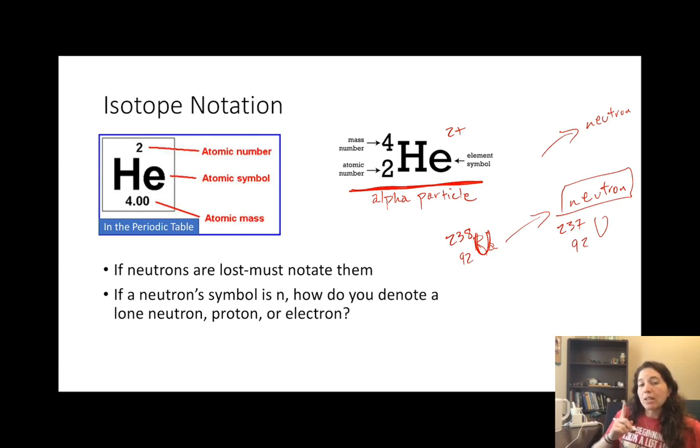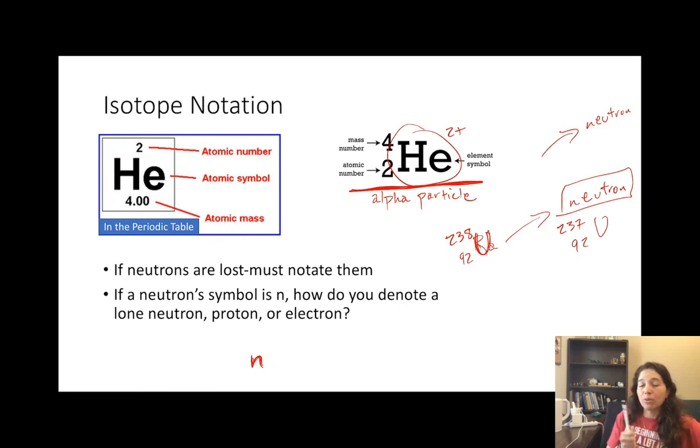So if a neutron's chemical symbol is N, just like how helium is He, how would we use isotope notation to denote a lone proton or a lone neutron by itself that gets emitted from a nuclear reaction? What you'd want to do here is you need the mass of the neutron and you need actually the charge of the neutron.